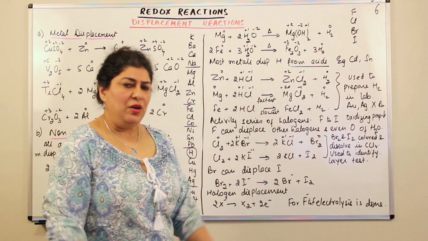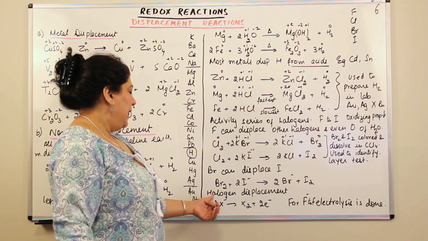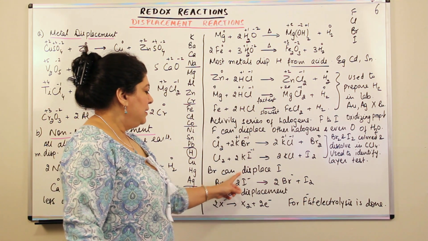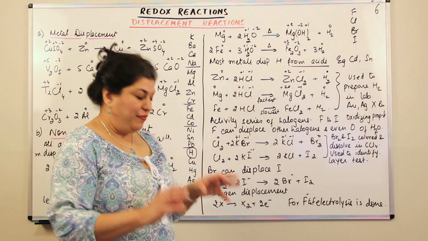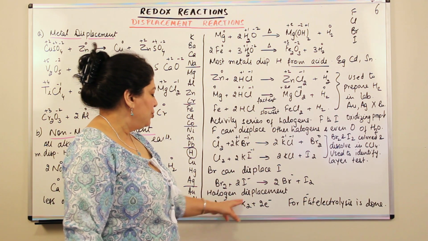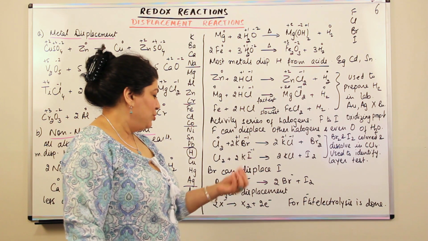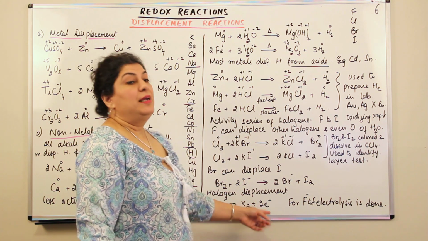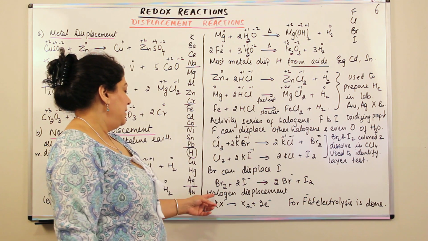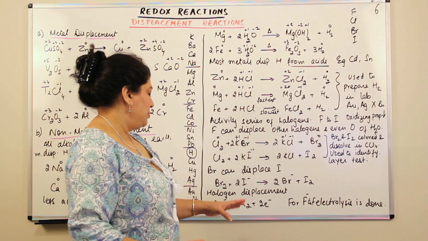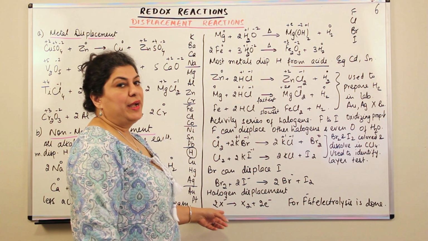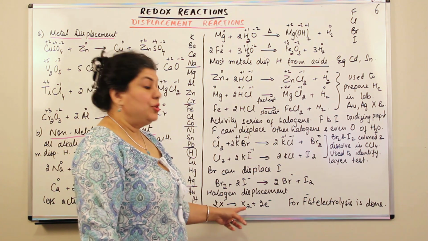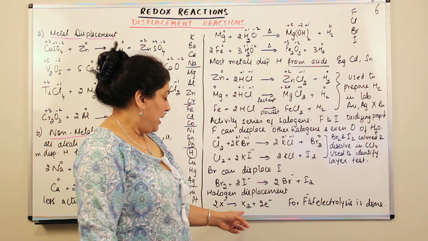So generally, what is halogen displacement? Halogen displacement is nothing but the negatively charged ion of a halogen turning into the neutral halogen, giving you the halogen gas or the halogen liquid, whatever it is, plus 2 electrons. Which means in halogen displacement, the negatively charged ion turns into charge 0, into neutral halogen.